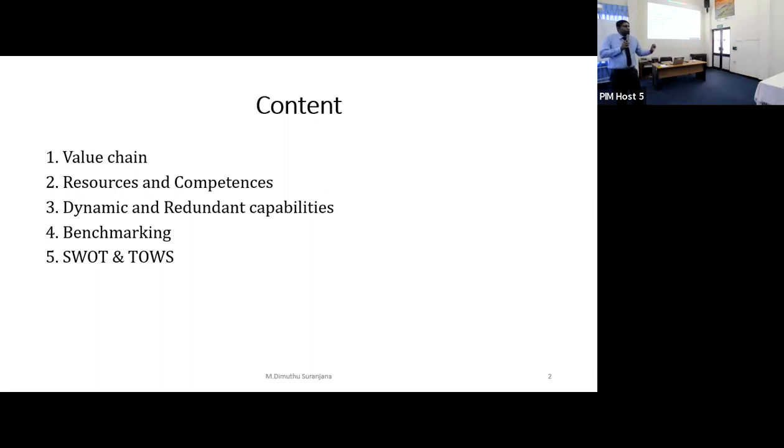That's the summary of both internal and external environment analysis. Even though I have included that under strategic position, it is the summary of both the external environment analysis and the internal environment analysis.